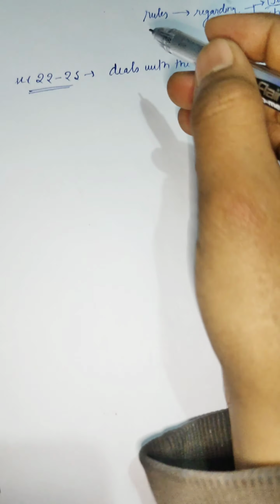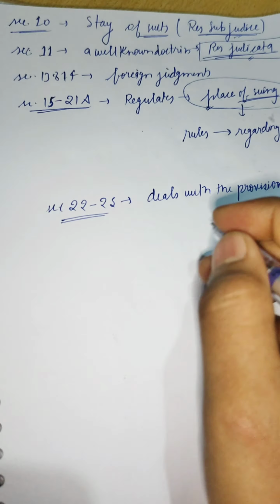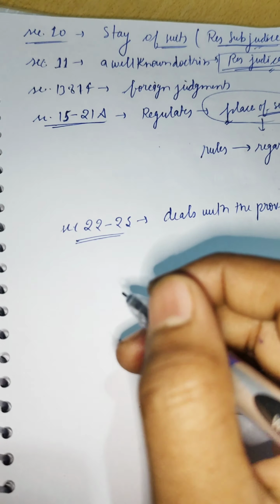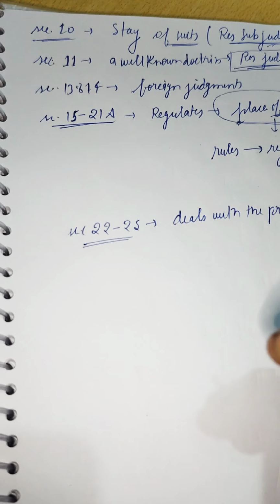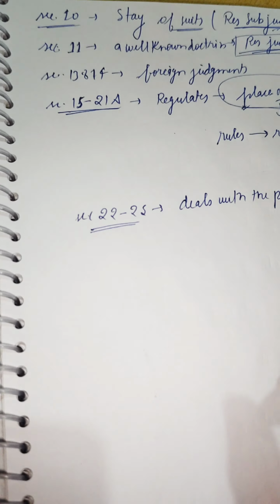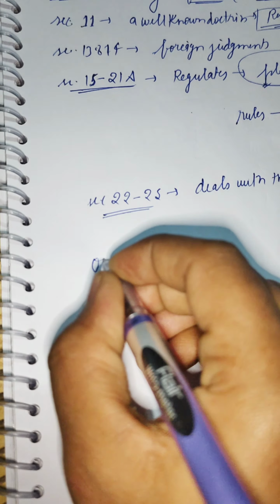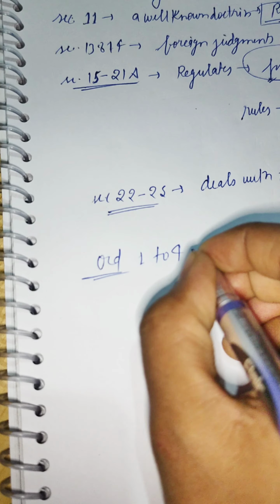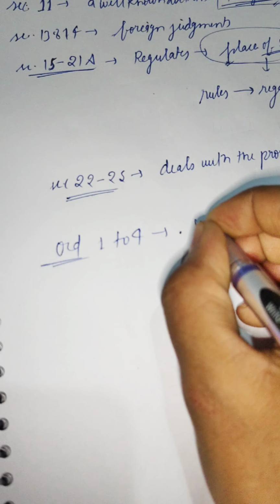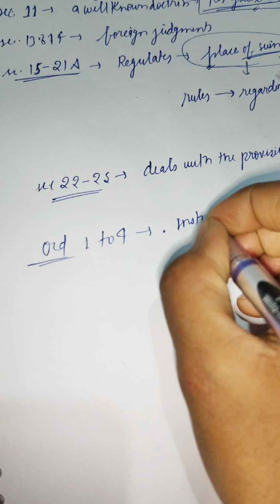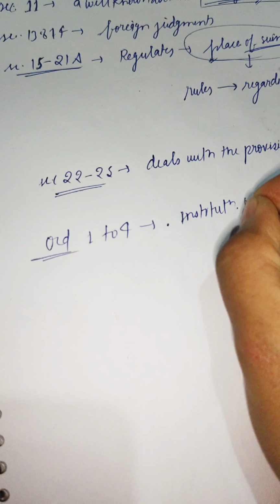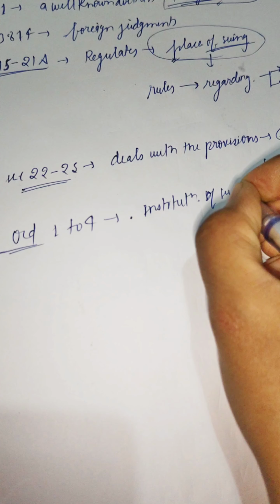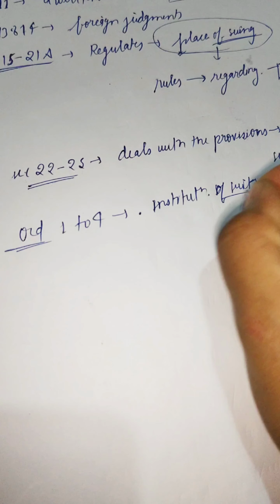After dealing with the particular principles of the CPC, we are now able to understand the concept of suits. So after that we will discuss orders. Order 1 to 4 we will discuss the institution of suits, how suits are instituted.